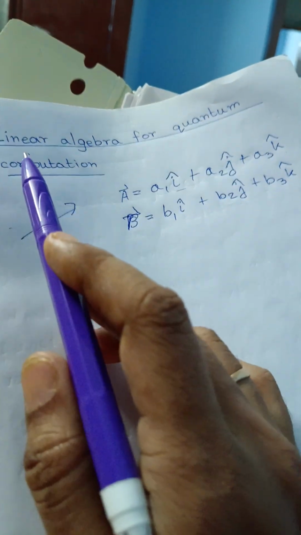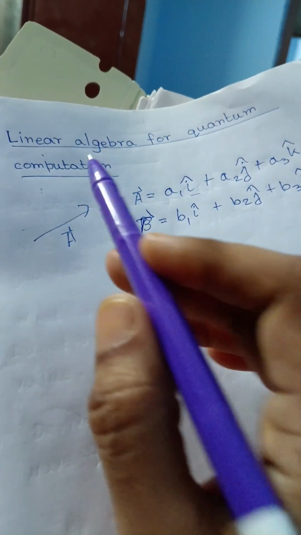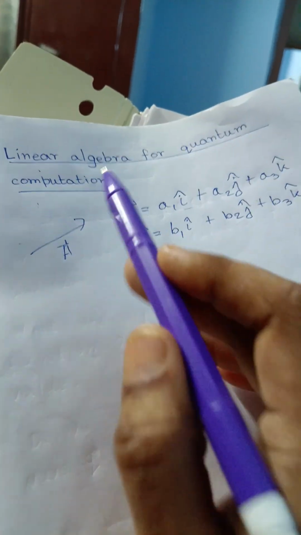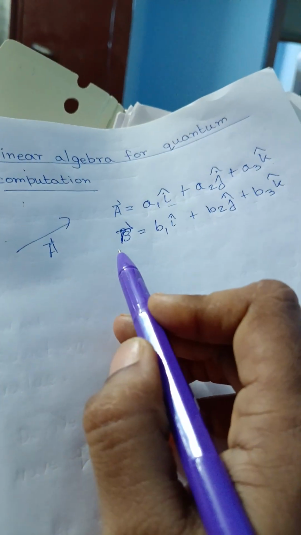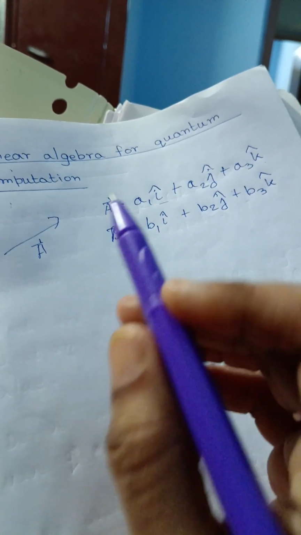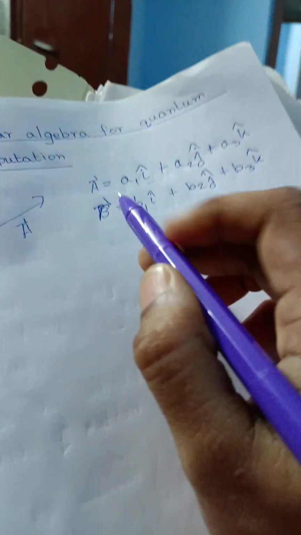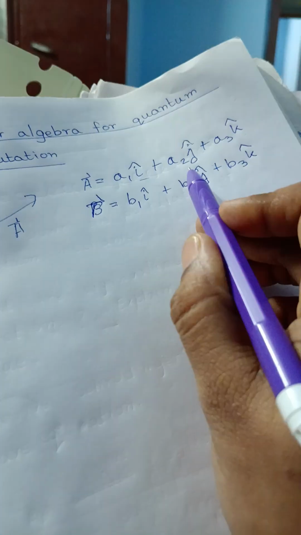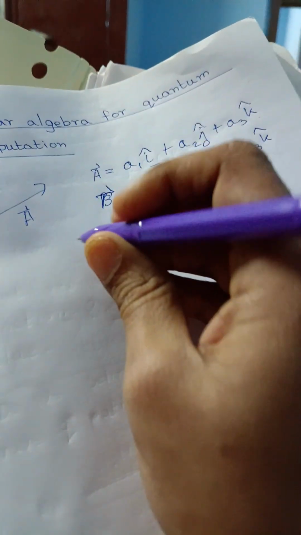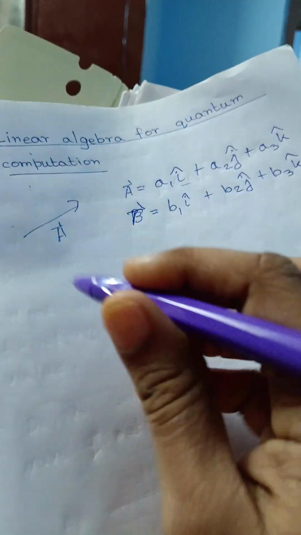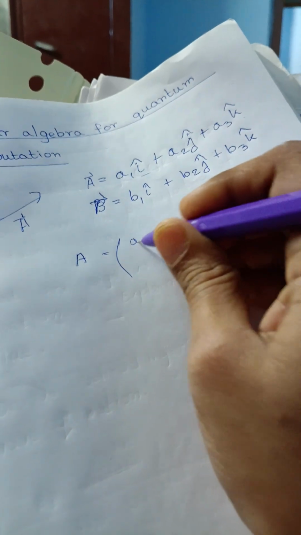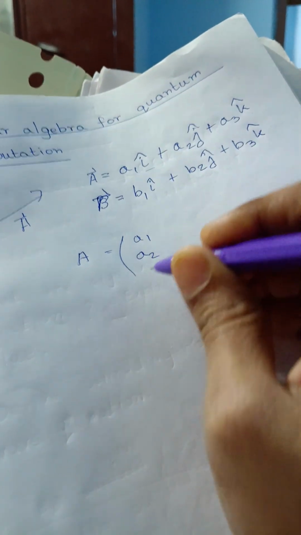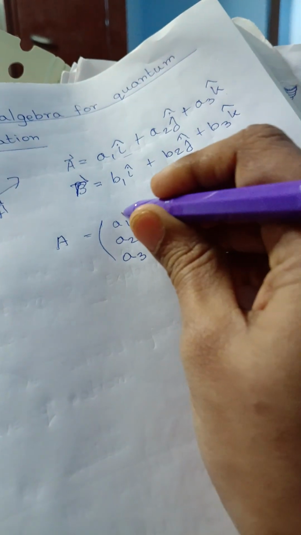Linear algebra is that part of mathematics which deals with the analysis of vectors with the help of matrices. In linear algebra, vectors are represented as column matrices. So if A vector is equal to A1 i cap plus A2 j cap plus A3 k cap, in the language of linear algebra, this vector will be represented as a column matrix having three components A1, A2 and A3.